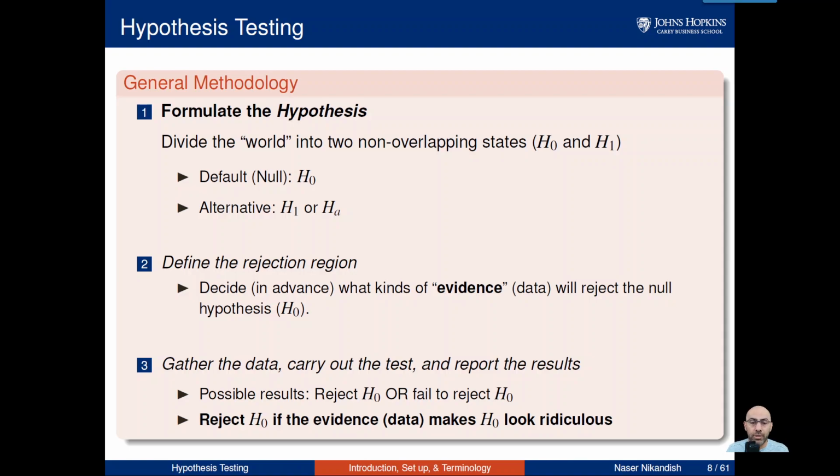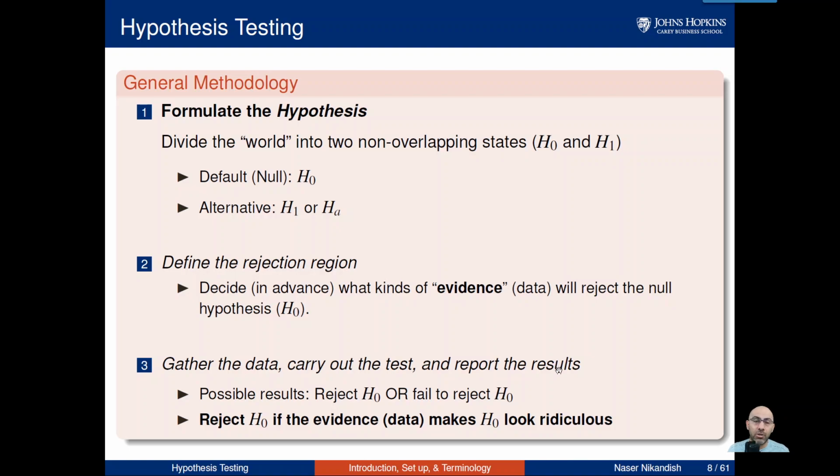Then we are going to define a rejection region. If the result of the data, or a statistic from the data, falls in this region, we are going to reject H0. Otherwise, we are going to fail to reject H0, all right?